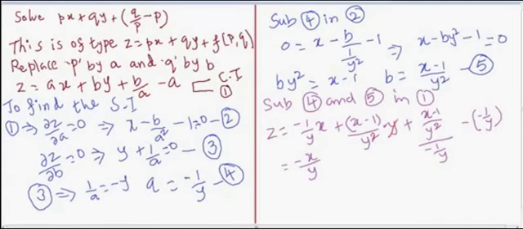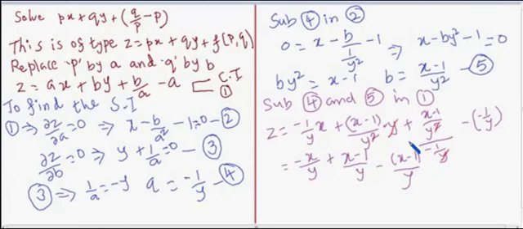In this term the y cancels with the square, and it is minus of x minus 1 divided by y, and minus of minus becomes plus 1 by y.